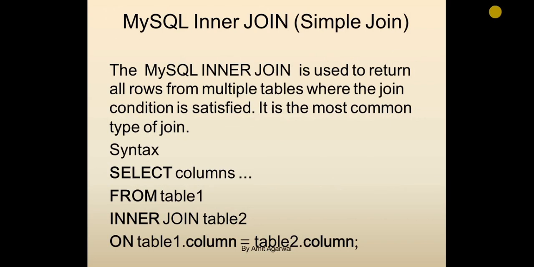MySQL inner join is used to return all rows from multiple tables when the join condition is satisfied. It is the most common type of join.